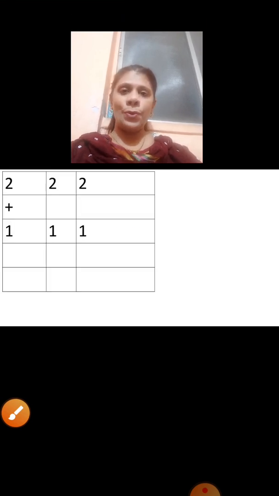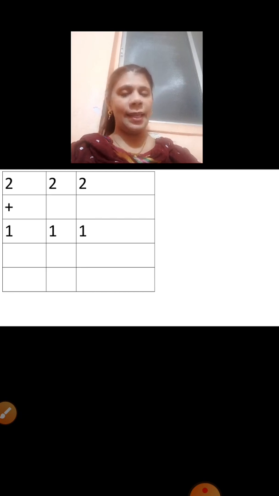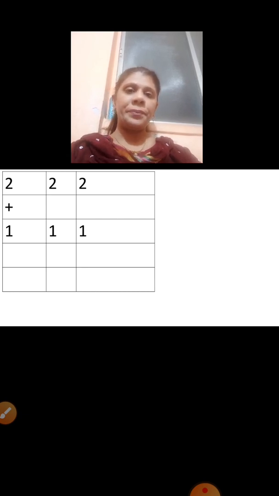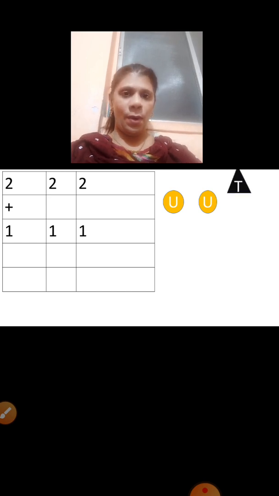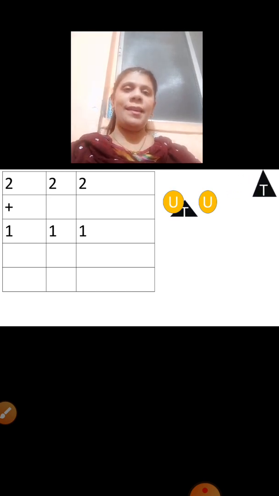Now 2, 2, 2, that is 222 plus 1, 1, 1, that is 111. Now which number is in units place? 2. So how many units we are going to draw? 1, 2. Correct. Which number is in tens place? Yes. Again number 2. So 1 and here comes jumping another 10.